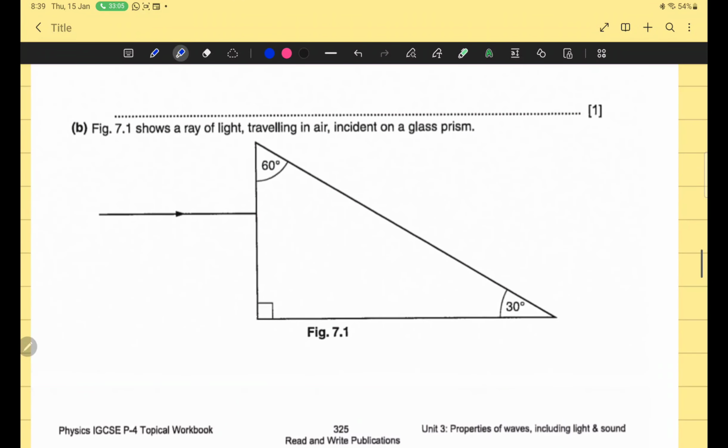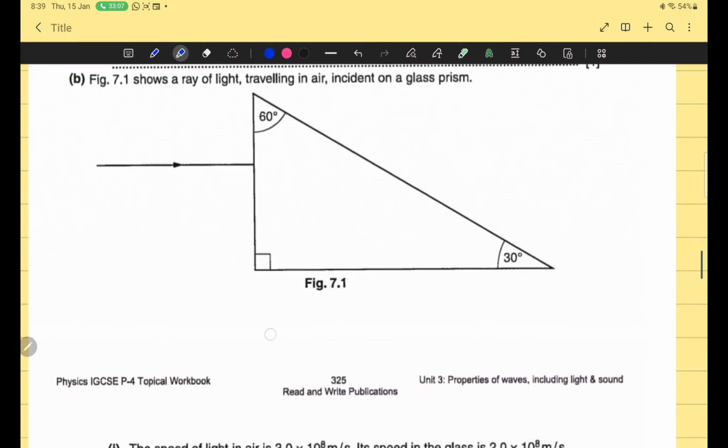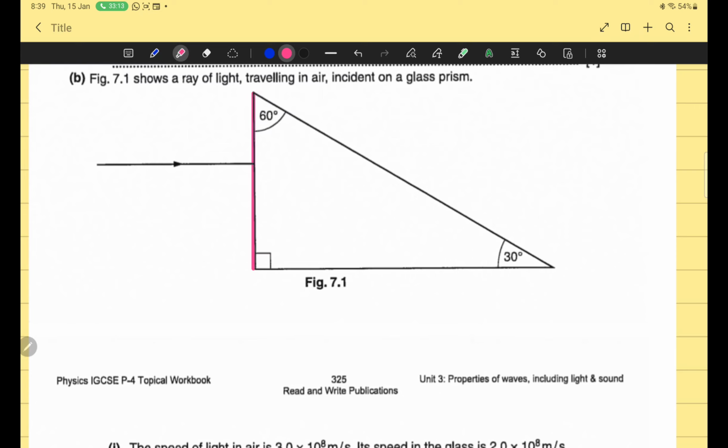And now we are solving a mathematical part. I have taught you in the last class: this is a boundary of the prism, and this is the incident ray. The incident ray is striking at 90 degrees.